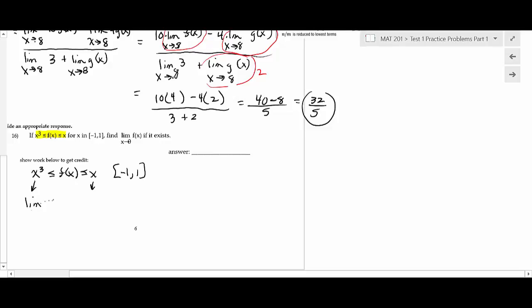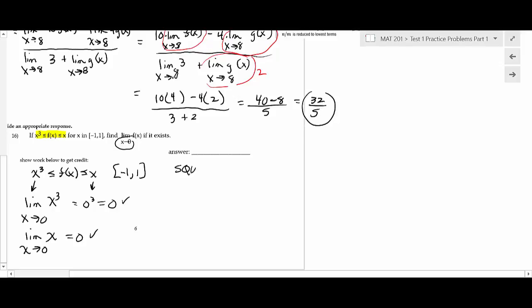So we're going to do the limit of x to the third as x approaches 0. We're approaching 0 because that's what the question is. That's equal to 0. Then we're going to do the limit of x as x approaches 0, which is also 0.